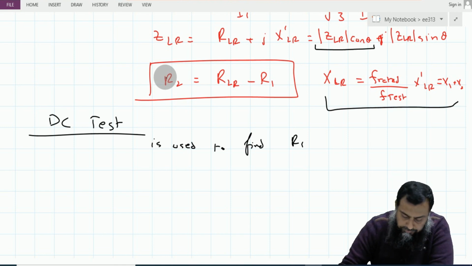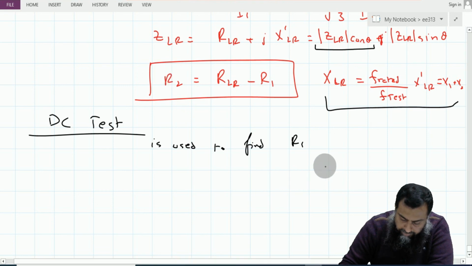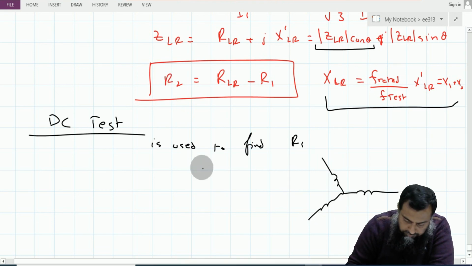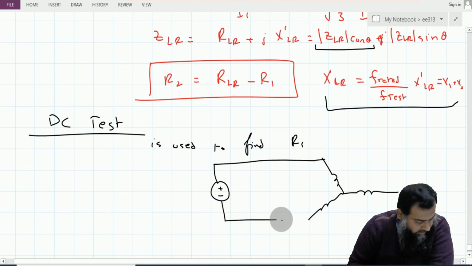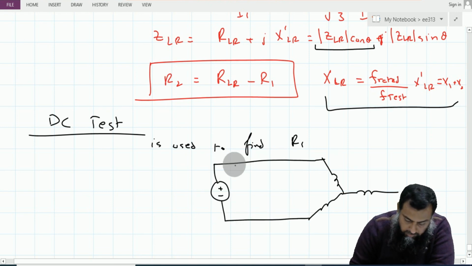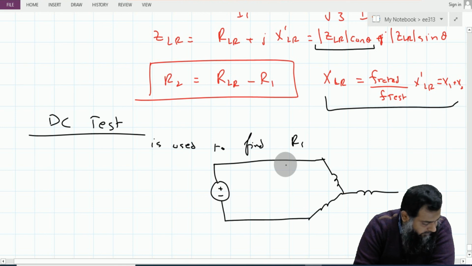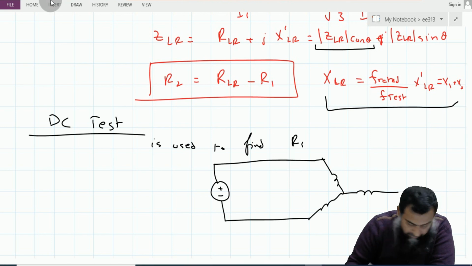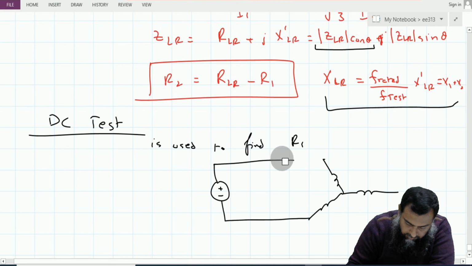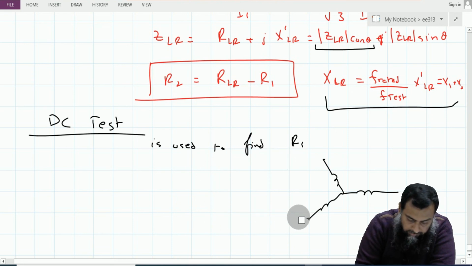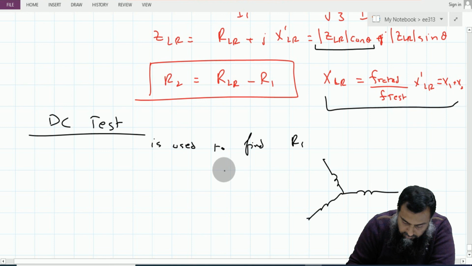So in a DC test, we provide a DC voltage to the stator circuit.